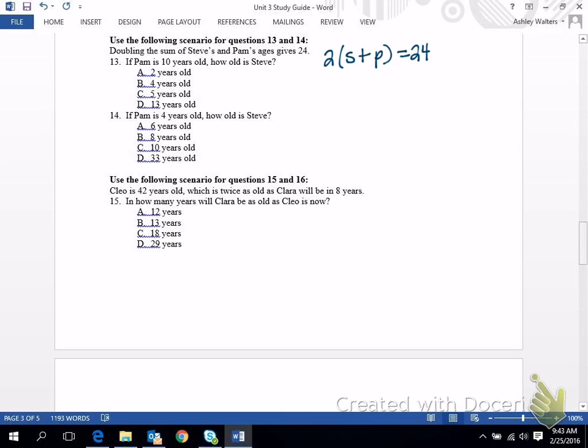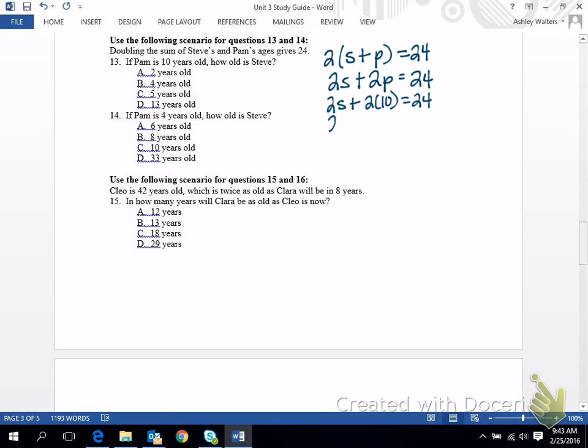So that means 2 times Steve plus 2 times Pam will be 24. So if Pam is 10 years old, then 2 times Steve plus 2 times Pam, which is 10, gives us 24. And you're just solving this equation for Steve's age.